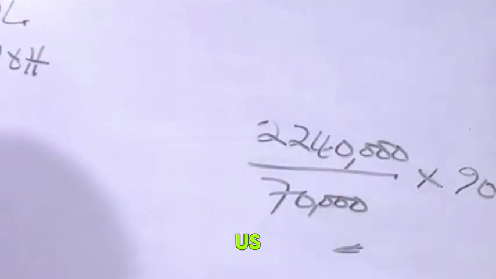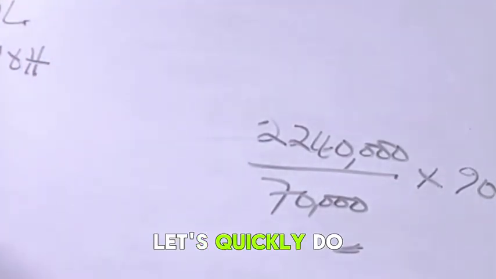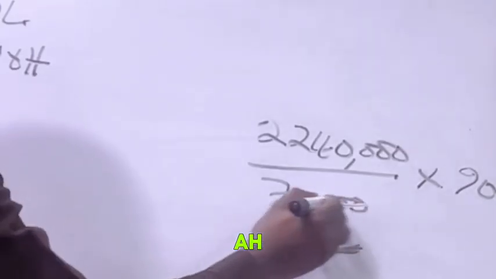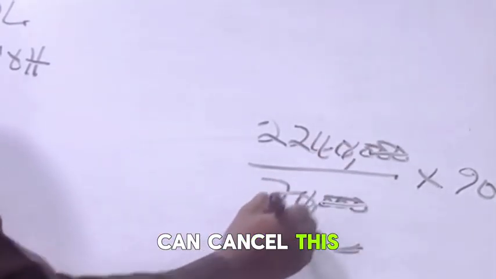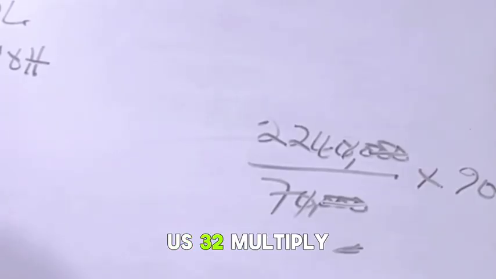This will give us, let's quickly do that. We cancel the zeros, so we say 2,240 divided by 70, that will give us 32, multiplied by 0.9.